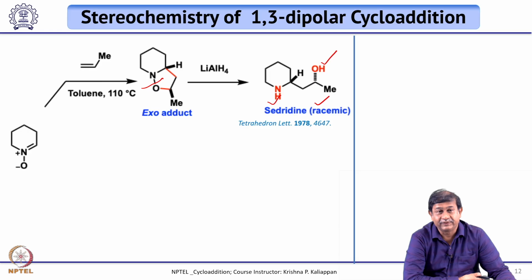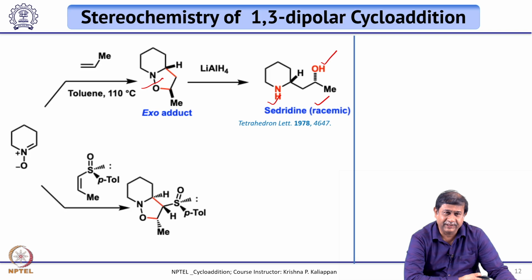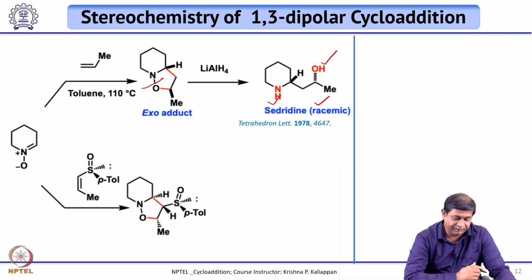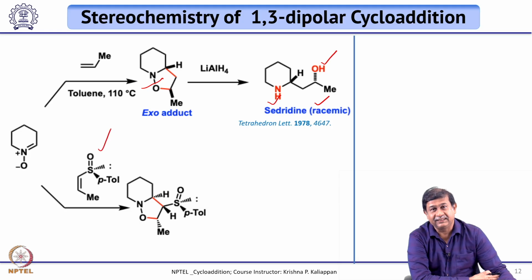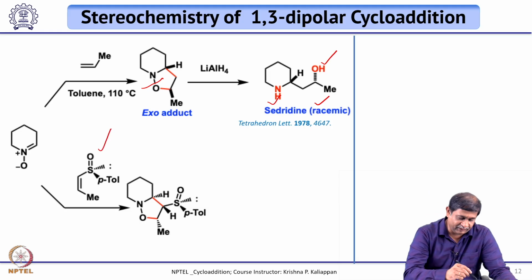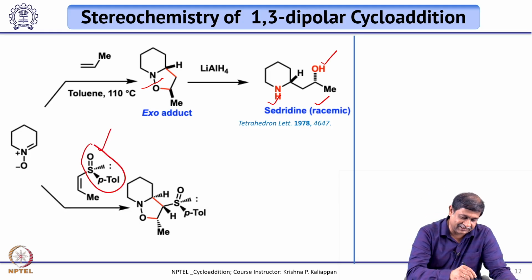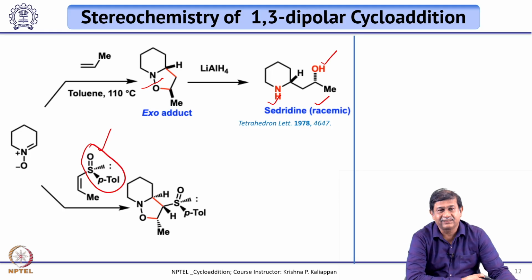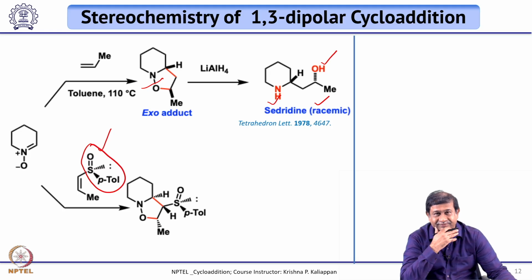And now you can see here this is a racemic compound. Okay. So how will you get chiral one? Okay. Yes, it is possible. Suppose you have a chiral substituent present in the dipolarophile. Here you can see you have a chiral sulfoxide, and this chiral sulfoxide will decide the stereochemical outcome.